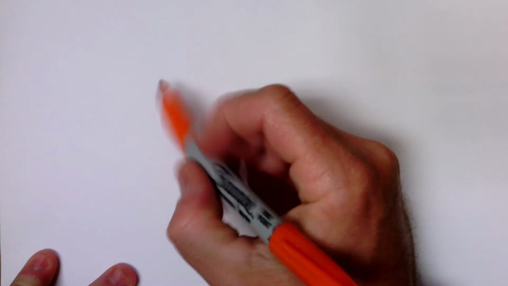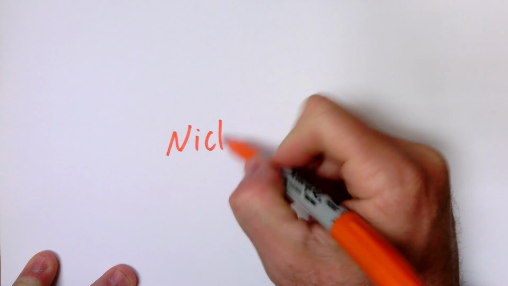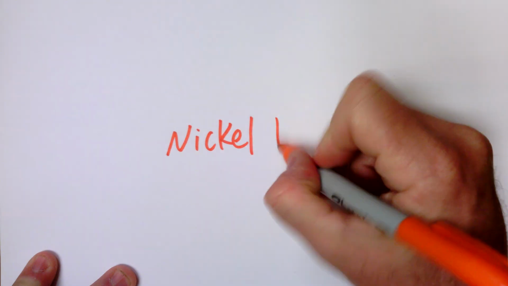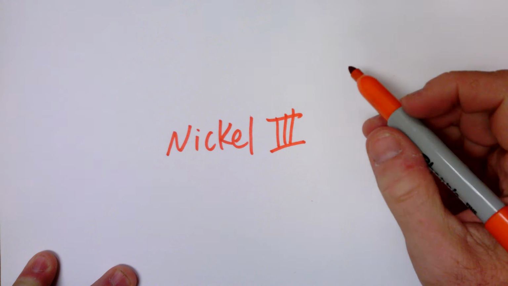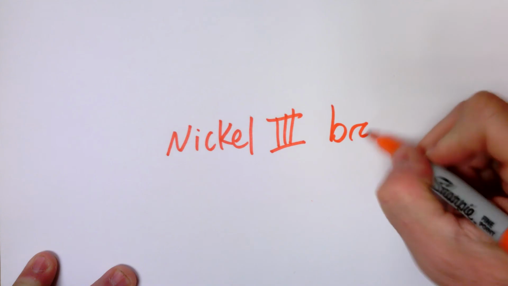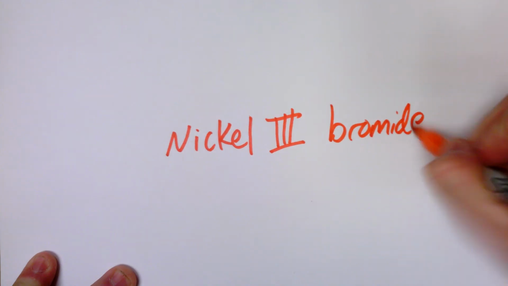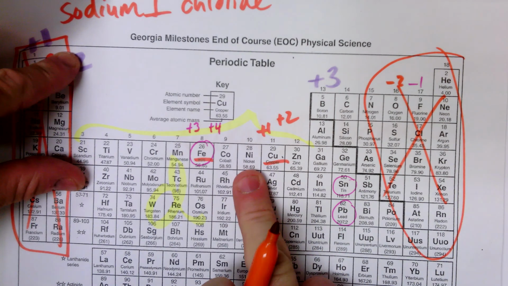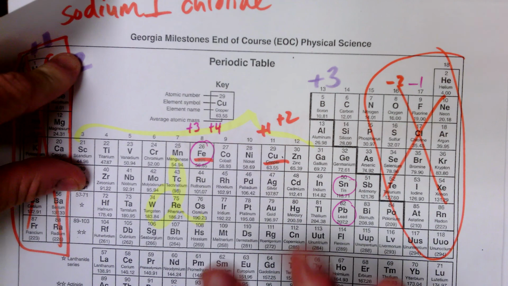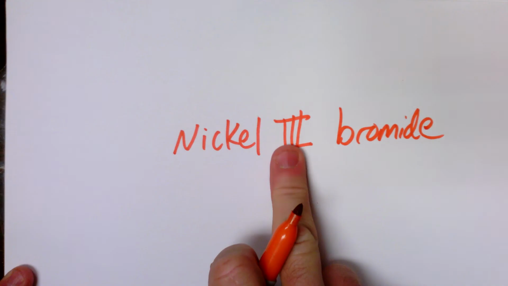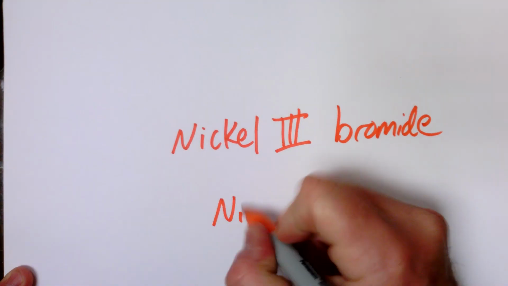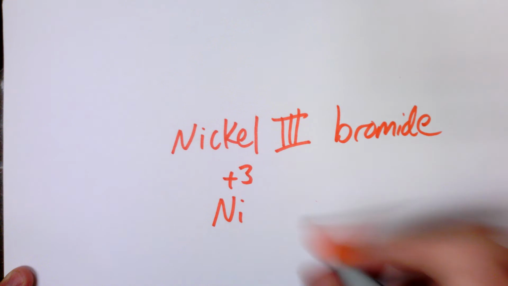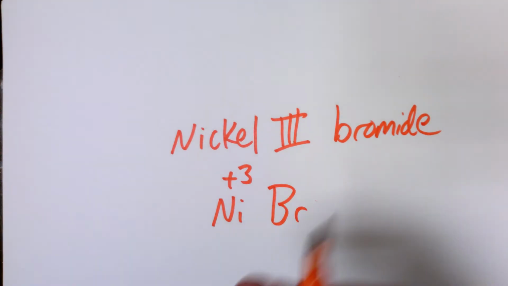So let's do, if I said nickel 3 bromide. Nickel's one of those ones, it's in the middle. So it can vary. We can't just look at it and see what its number is. So here I write it. This is nickel with a +3. Bromine.